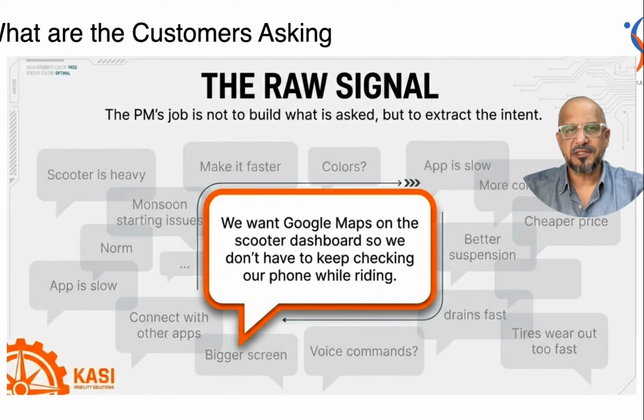This particular switch, you have it on the right side, but can you give it to me on the left side? This switch is not visible in the night, can you make it neon orange or something like that, right? You have a dashboard, but that dashboard is black and white. Can you make it color, right?